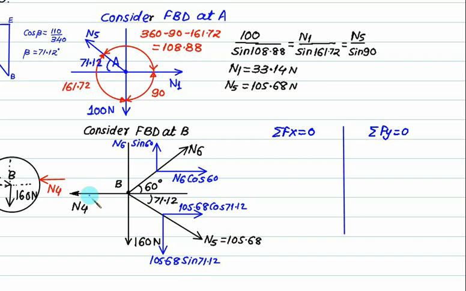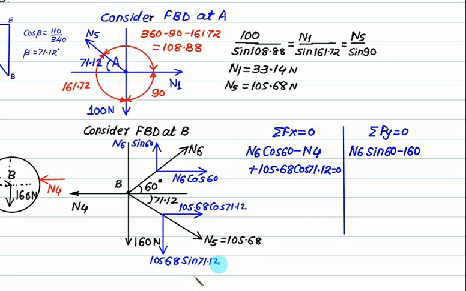In sigma Fx, N6 cos 60 is positive, N4 is negative, and 105 is positive. Shift to Fy. In Fy, N6 sin 60 is positive, 160 acting downward is negative, and this 105.68 is also negative.